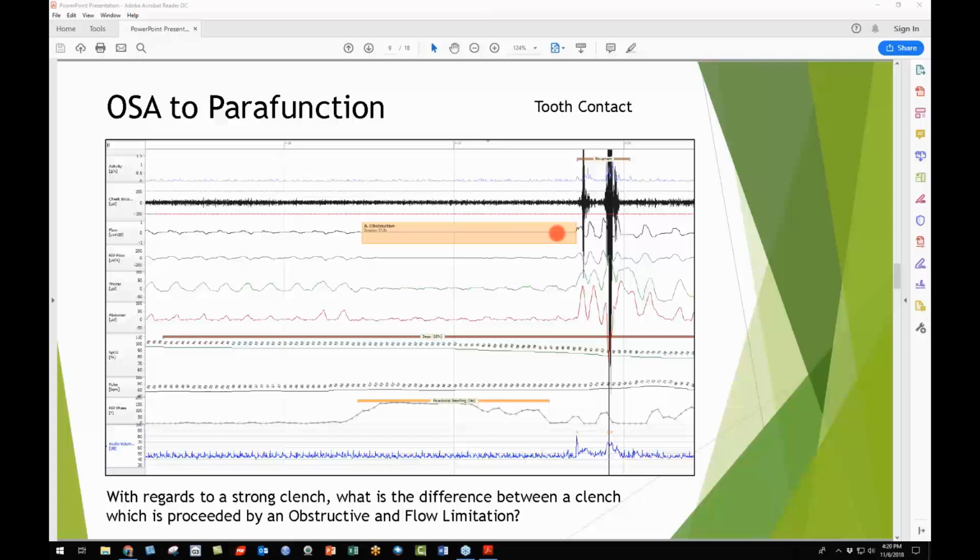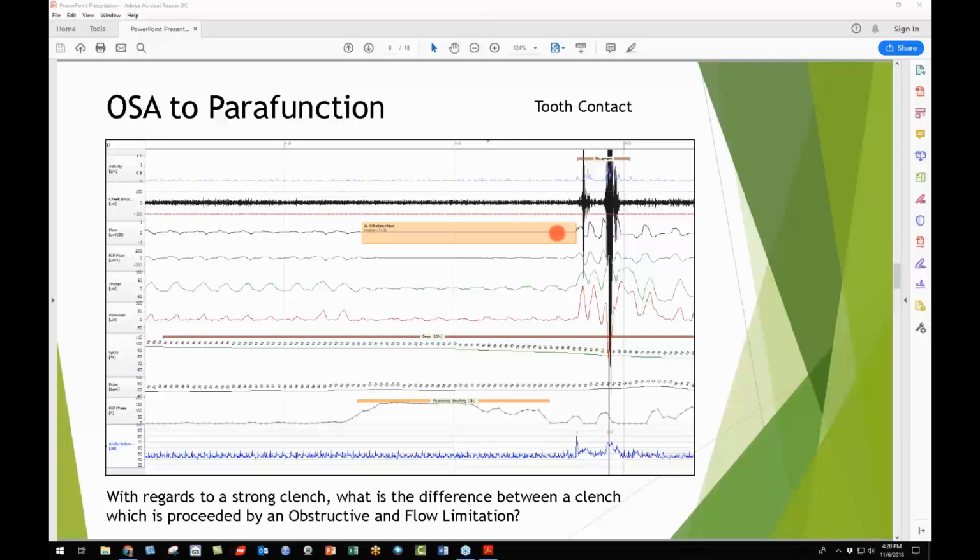We had to, as dentists, deal with parafunction and bruxism because of the havoc it wreaks on your patients. The medical side wasn't looking at bruxism, the dental side wasn't looking at the respiration, and there was kind of a disconnect, and it created kind of a difficult scenario.